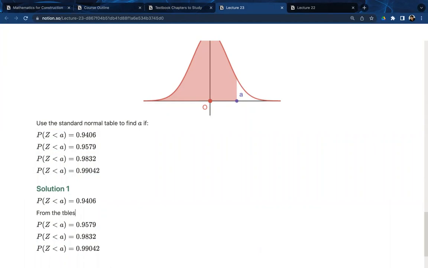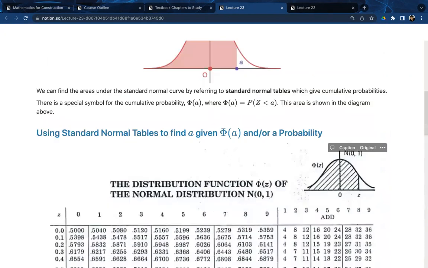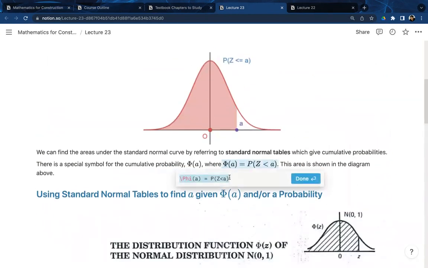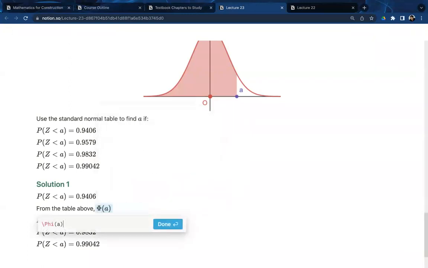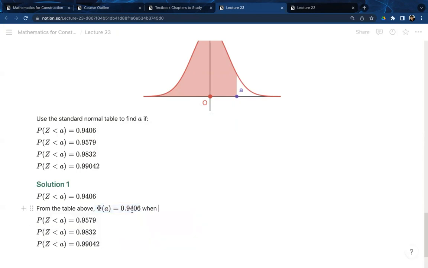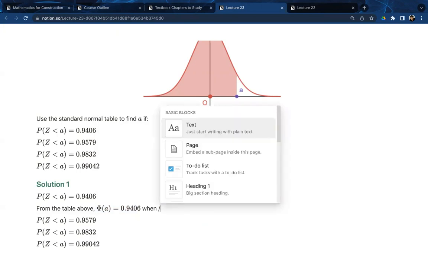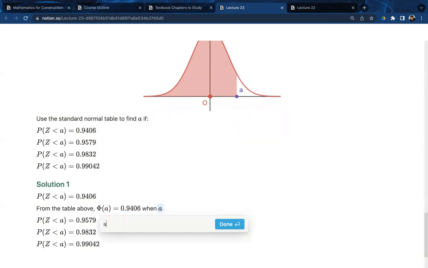From the tables, so when a is what? I can't remember what I just said.